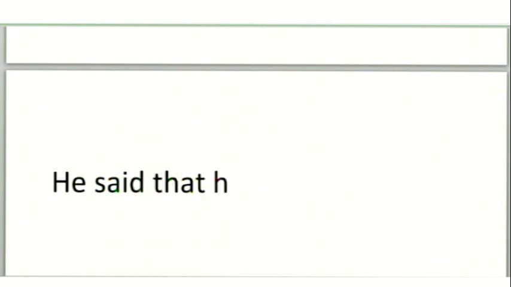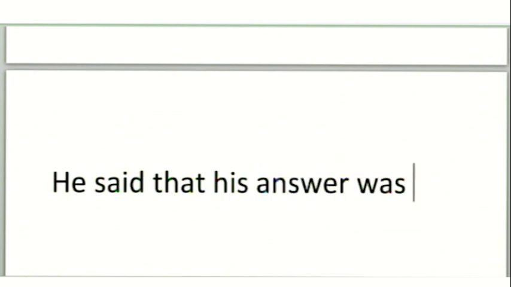Okay, so we'll look at another type of example. This time, the subordinate clause you see is also different from the second and the first. Let us see this example.